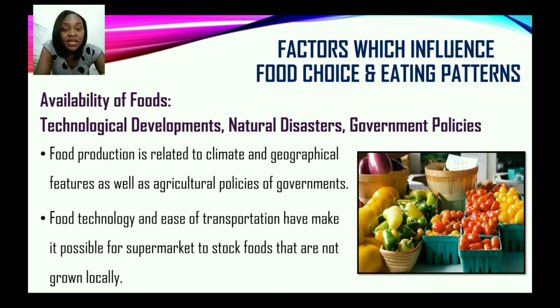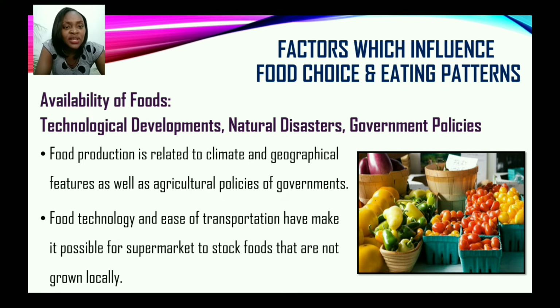Farmers lose their livestock or their plants or crops because of flooding or even hurricanes or fires, right? Agricultural policies by the government, certain foods may have a high tax, so you may find that persons may not afford certain types of foods as well.